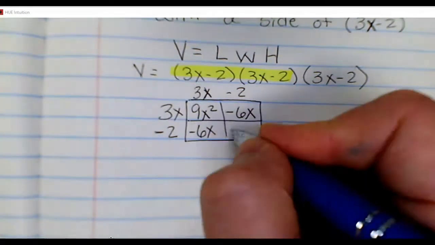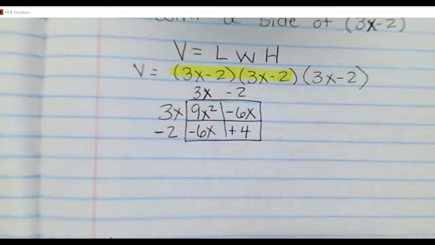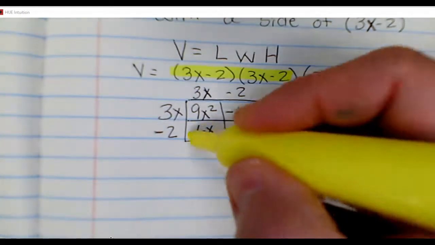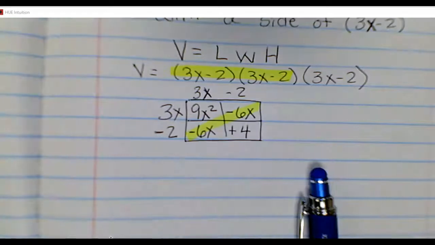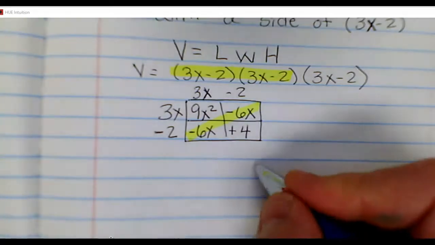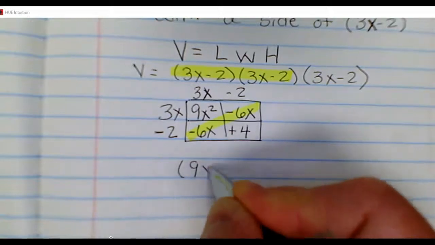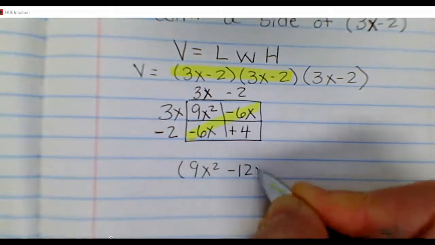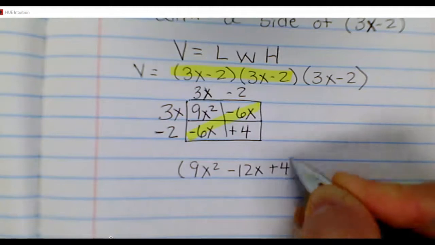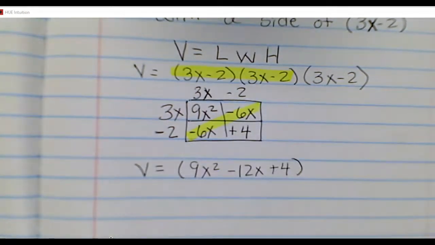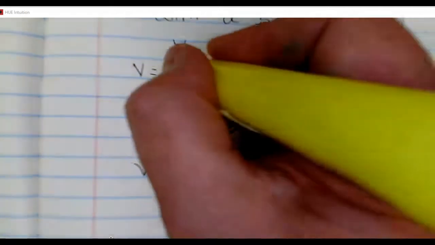Negative 2 times negative 2 is positive 4. This has like terms. So these two multiplied together are 9x squared minus 12x plus 4. That's the answer to these two.